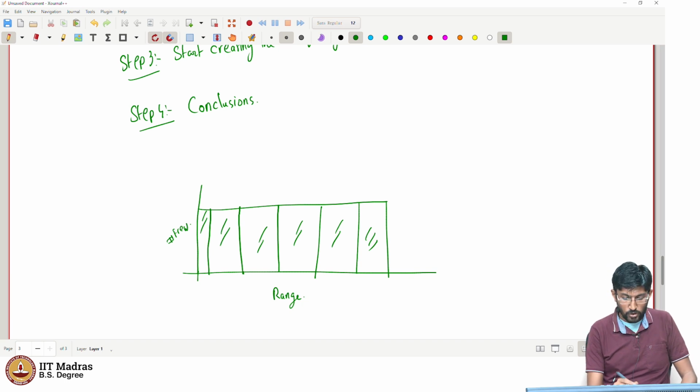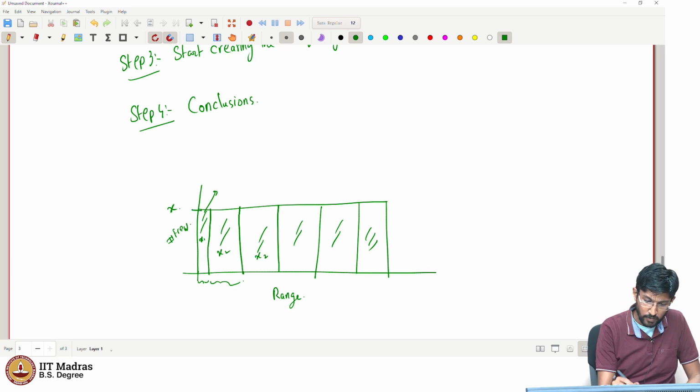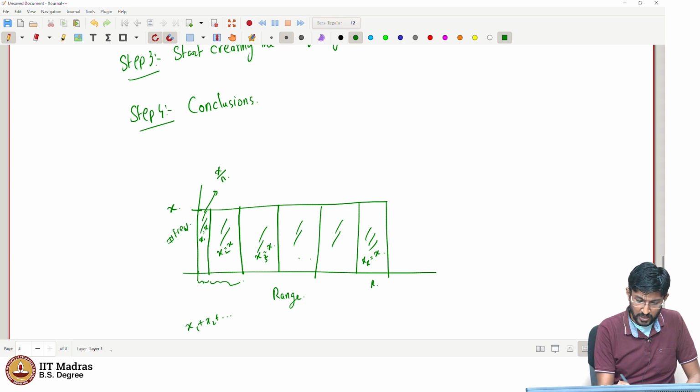observations, right? So if I have to do this, then the probability in each of these is going to be the same. Let's say this is going to be x1, this is going to be x2, this is going to be x3. The count over here is going to be x, right? So x1 is equal to x, x2 is equal to x, x3 is equal to x, and so on. Let's say this is the kth bucket, xk is equal to x, which means the probability in each of these is going to be x by n, since x1 plus x2 plus so on up to xk is the number of observations that you have.